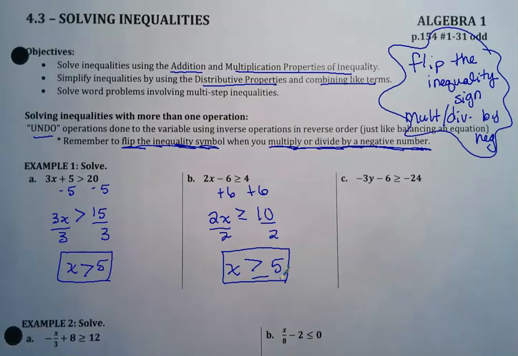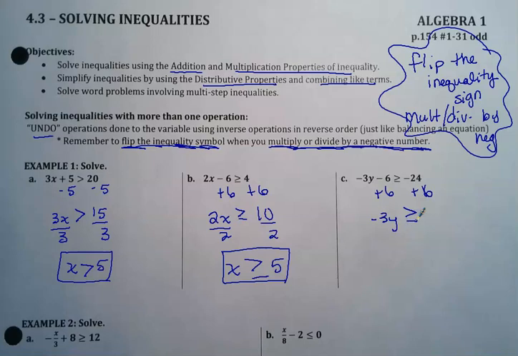All right. And C. Good. The negative 3y? Okay. Did you multiply or divide by a negative number? Okay. So we keep the sign.